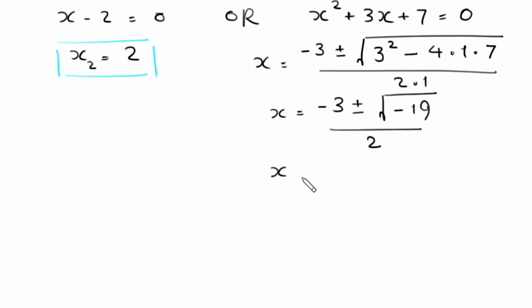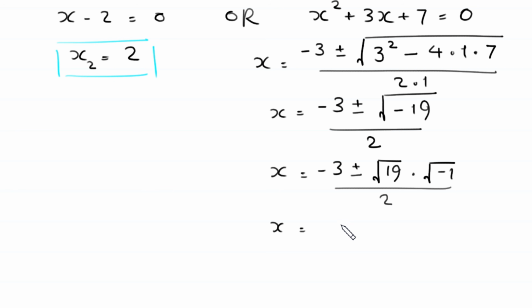Next, x is equal to negative 3 plus or minus, this square root of negative 19 can be written as square root of 19 times square root of negative 1, divided by 2. Next, x is equal to negative 3 plus minus root 19, and this square root of negative 1 will become i, divided by 2.